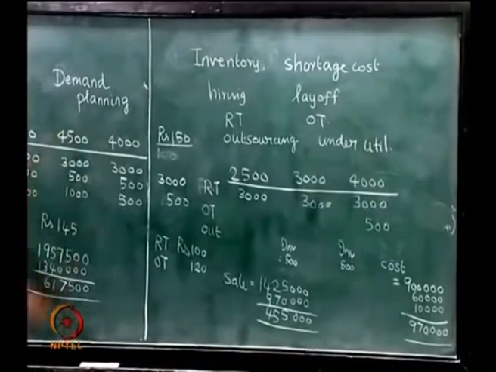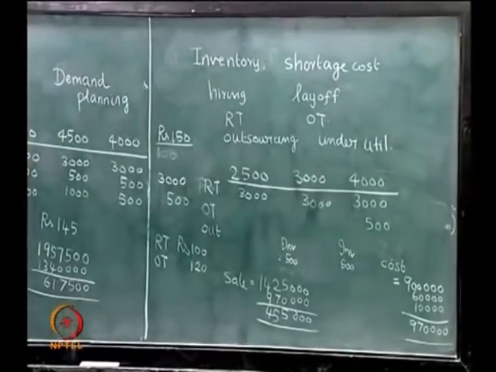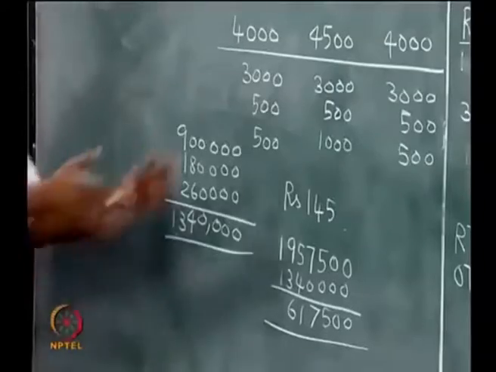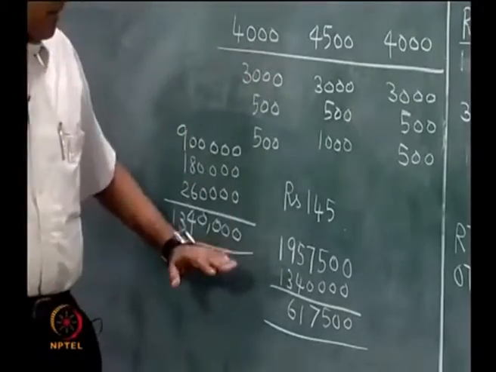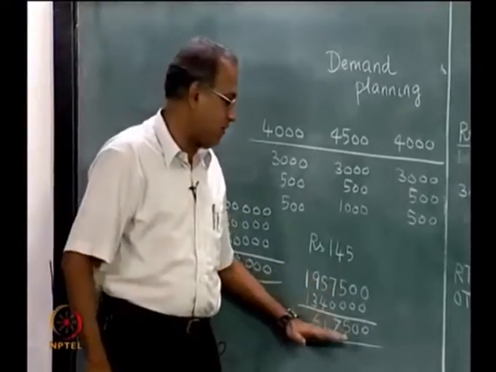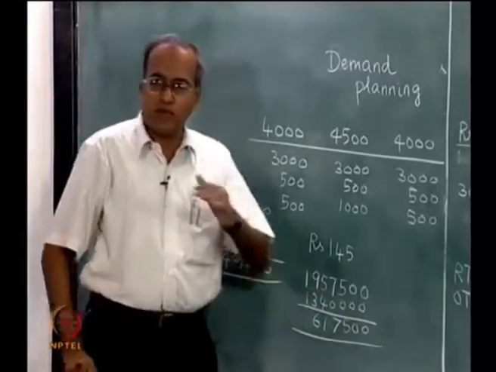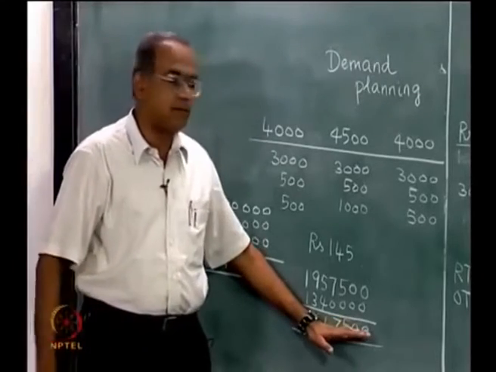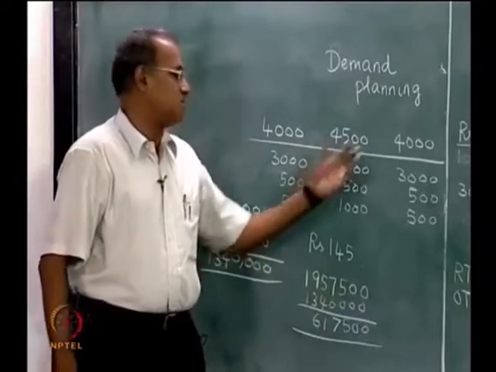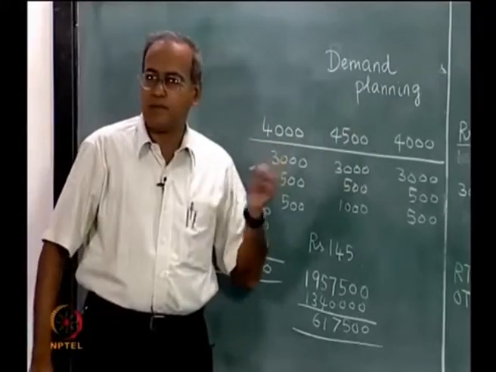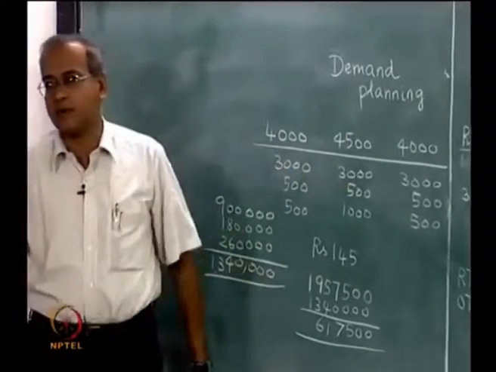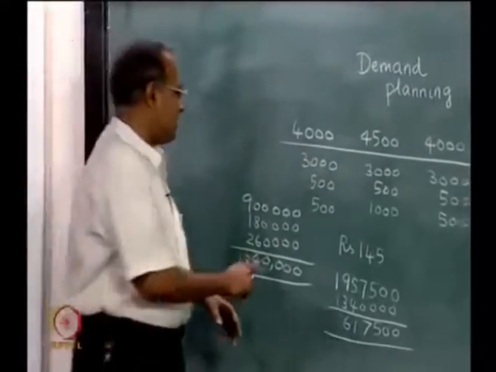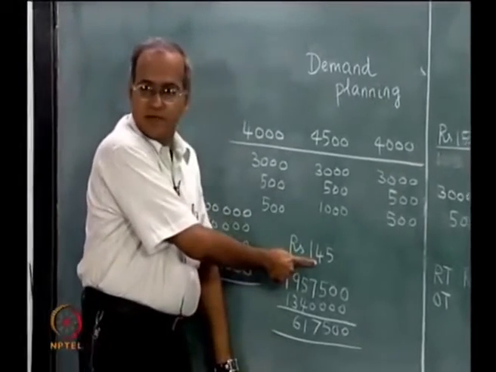Now, a quick look at these, one will be first tempted to say that this is excellent, mainly because the profit has gone up, but then we also understand the profit went up not because we only spread the demand, but we also increased the demand as a result of this discount of 5 that is given.